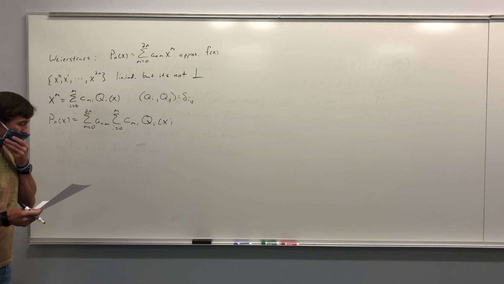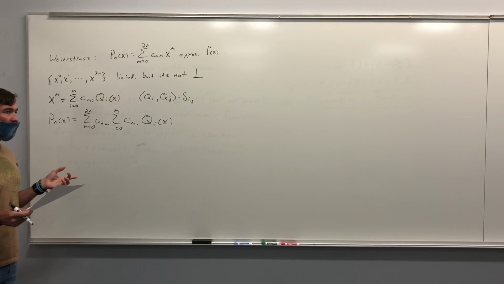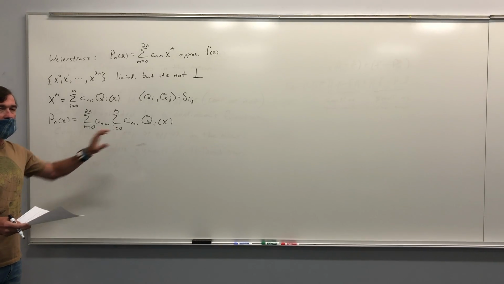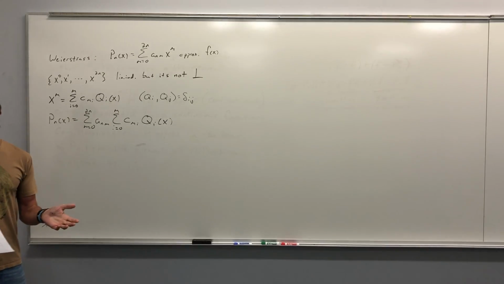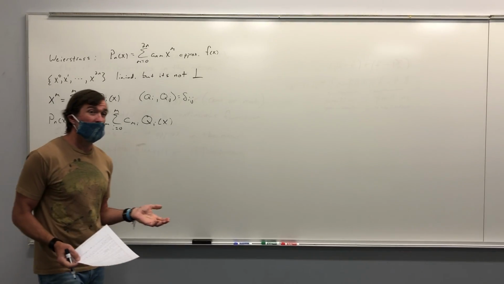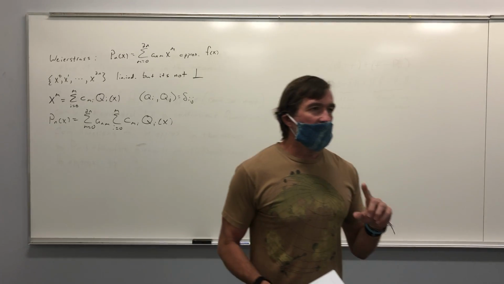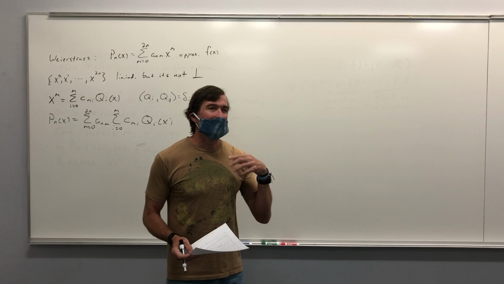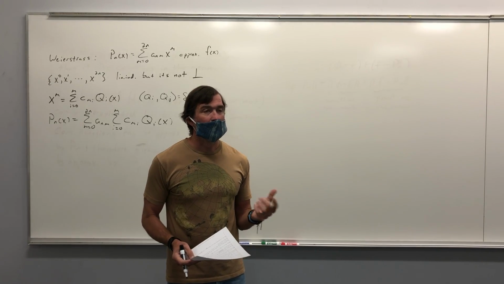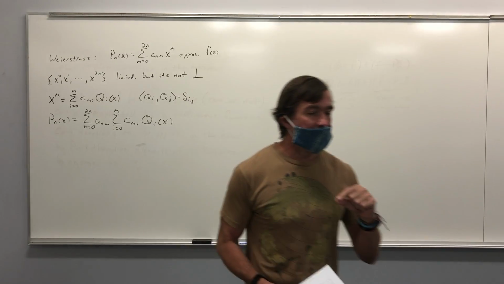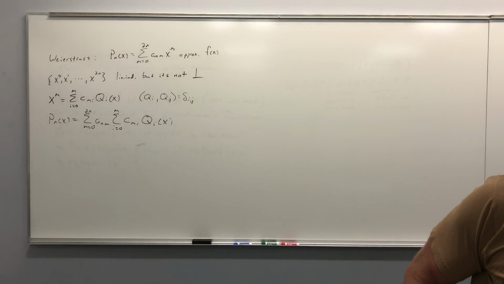Now, we know when we Gram-Schmidt this thing that the q_i's are going to be orthonormal. I mean, that's what Gram-Schmidting does. So the only question that is left to be answered, if we want to know is this a good orthonormal basis, is whether or not that set is complete.